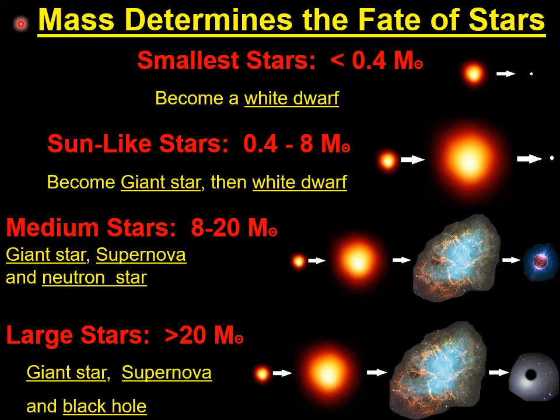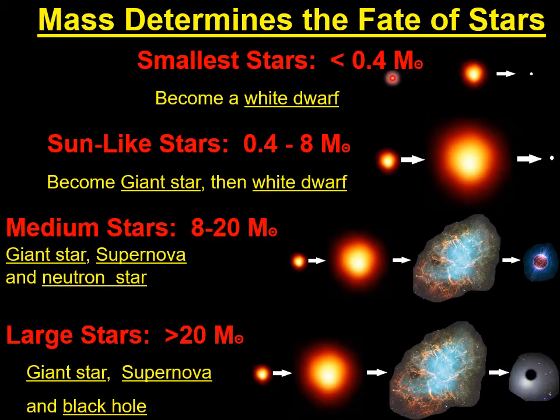As I talked about a couple slides ago, the mass of a star when it's born determines basically how the star will live and how it will die. So this slide here is sort of a summary of what can happen to a star when it dies. The smallest stars, which are less than about 0.4 times the mass of our sun. Remember this M with a little symbol here? This symbol means our sun. So this is a solar mass, okay?